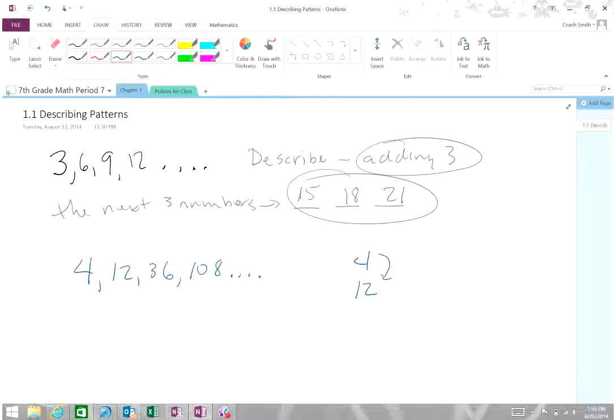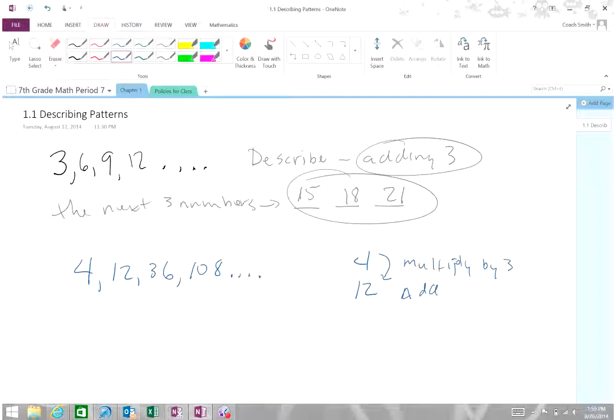Right, we multiply it by 3. So that's one thing that we could have done. Okay, what is something else that we could have done to 4 to make it 12? Jesse? We could have added 8.